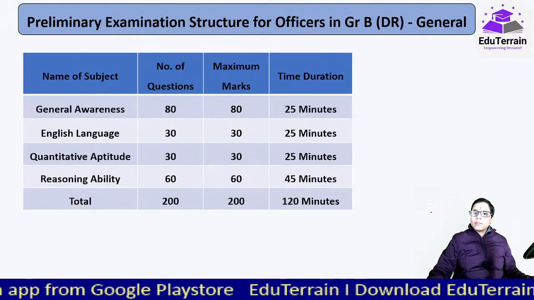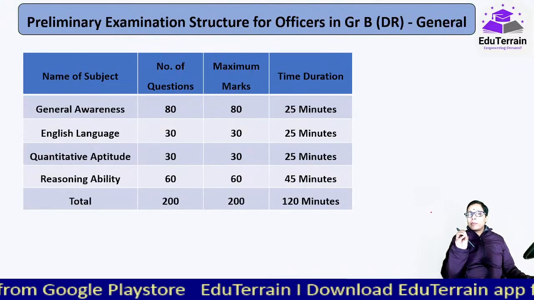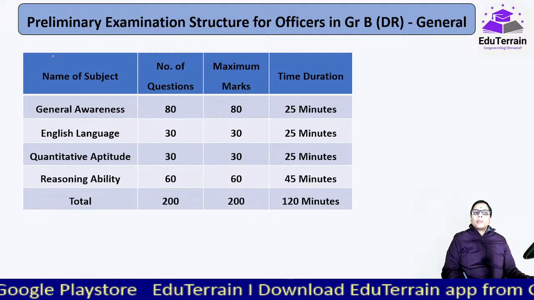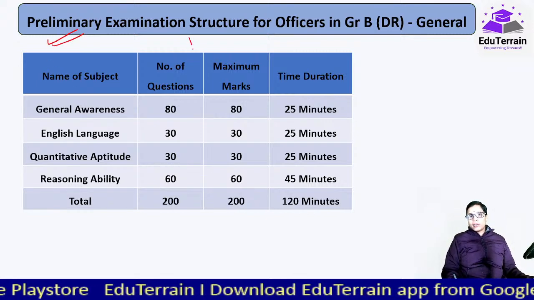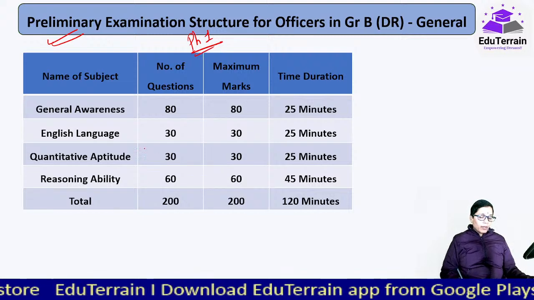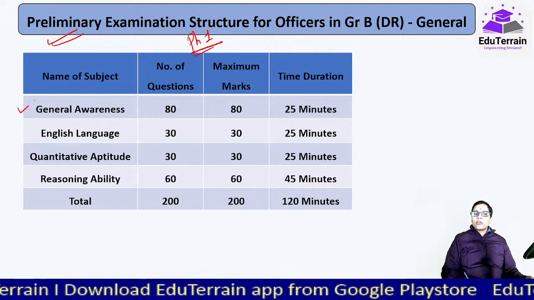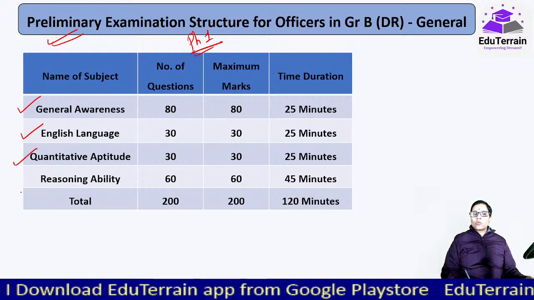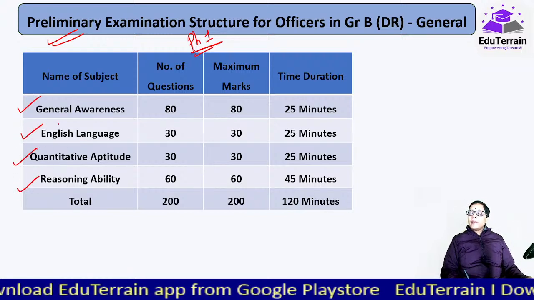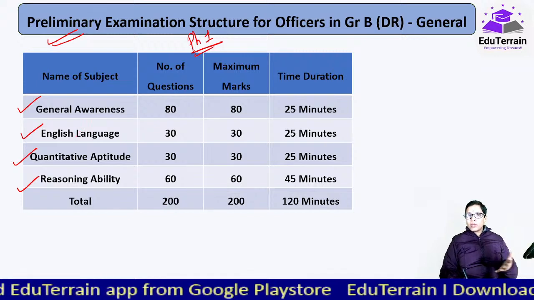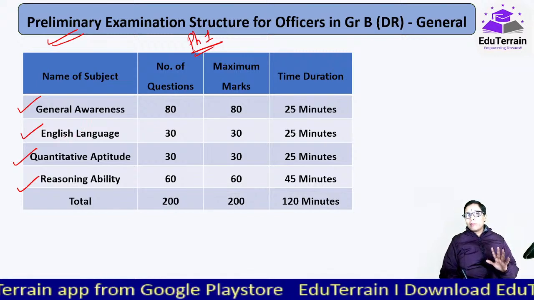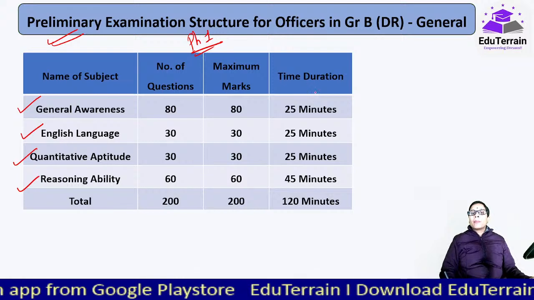Now let's have a look at the examination pattern a little bit in detail. So the preliminary examination structure, that is of phase 1. As I've said, there are 4 subjects covered here: general awareness, English language, quants and reasoning ability. Except English, the others you can appear for in bilingual, that is English and Hindi.